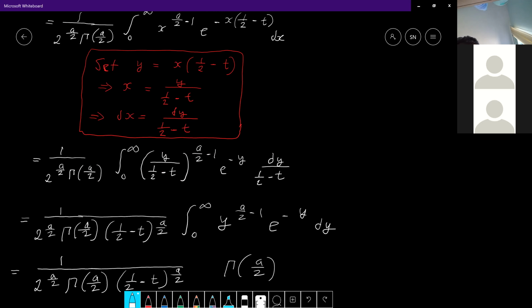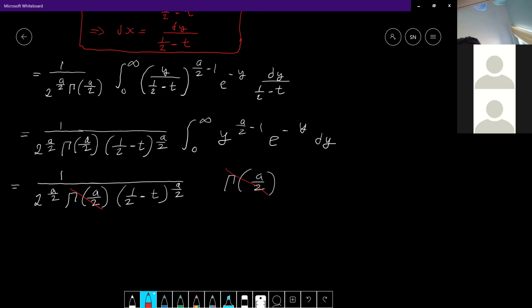So this factor here and this one here cancel out. So what you get is 1 divided by 1 minus 2t to the power of a over 2.